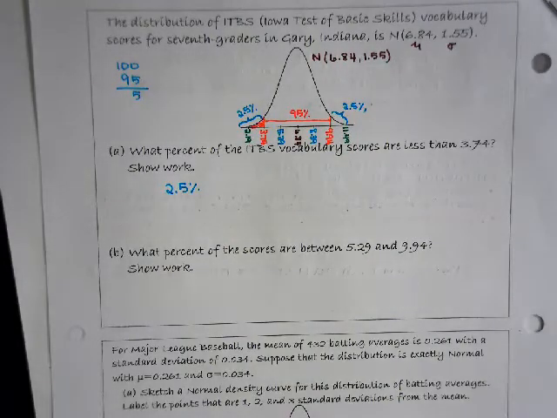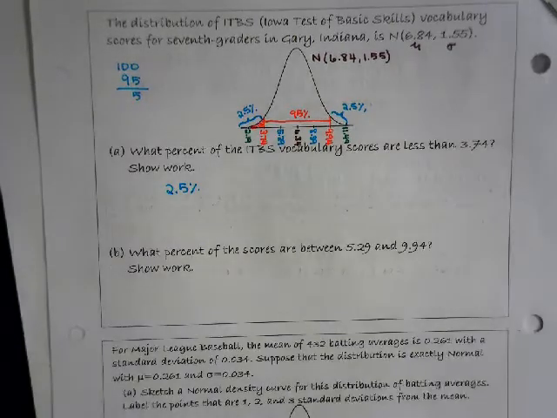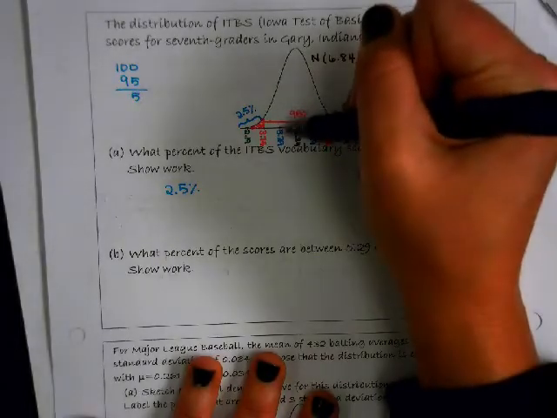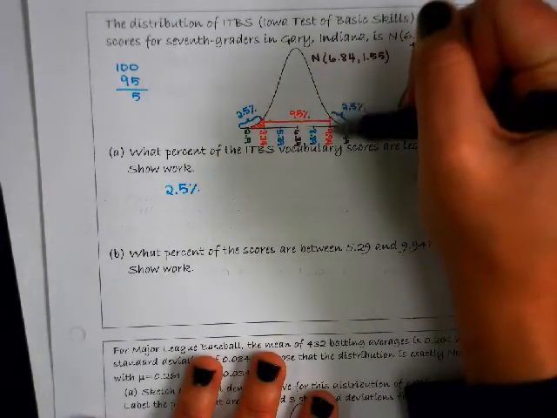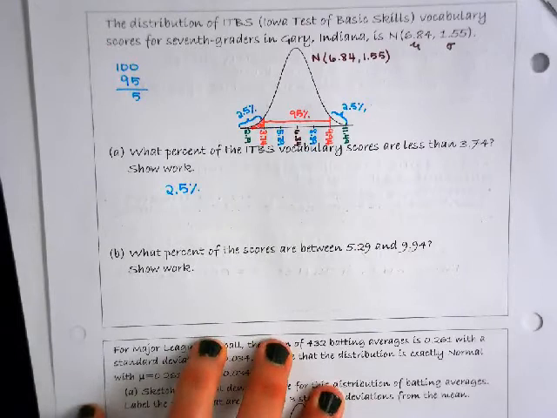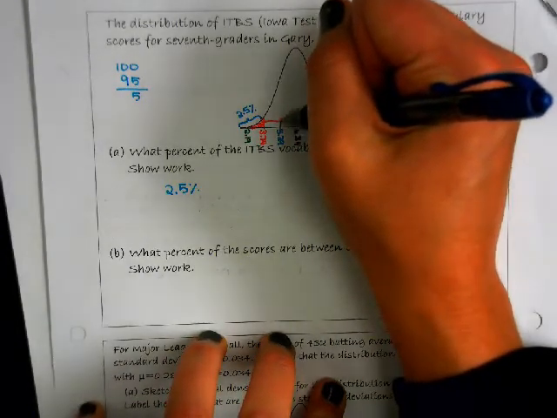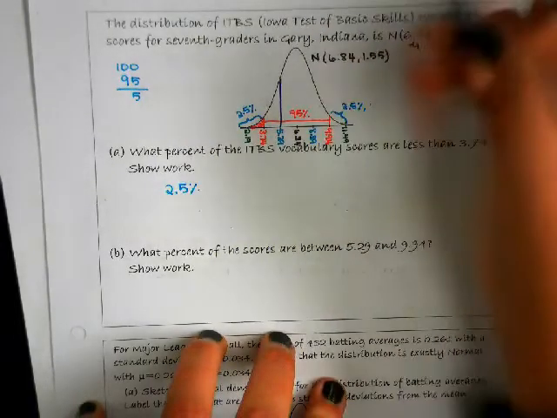B says what percent of the scores are between 5.29 and 9.94. So 5.29 is right here and 9.94 is right there. Now I know that between 5.29 and 8.39, I have 68% of the data.